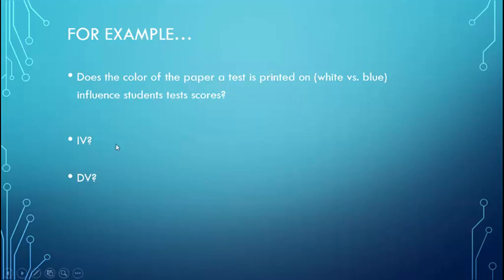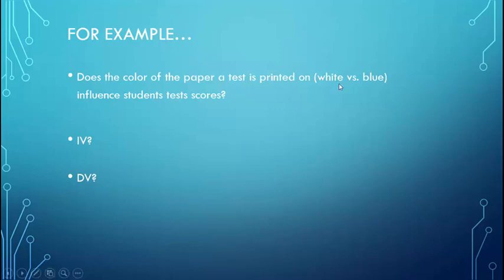Our independent variable, that's the causal variable, it's the manipulated variable, and in this case it would be color of paper. And we would say that the variable color of paper has two levels. In this case, the levels are white and blue. And as I said previously, the levels of the independent variable are chosen by the researcher.